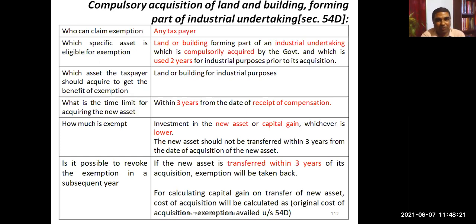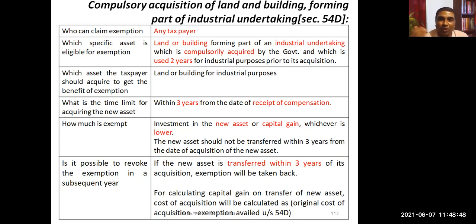If I summarize this provision, 54D, you see, it is allowed to any taxpayer. And the asset which is transferred is land and building forming a part of an industrial undertaking and which is compulsorily acquired, and which is used for 2 years for the industrial undertaking.